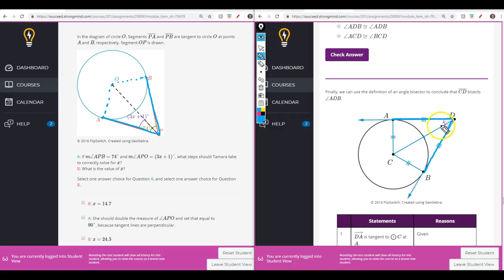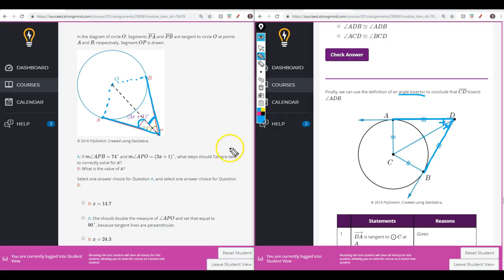What is key is notice that this angle right here is marked with one tick mark, and this angle is marked with one tick mark, and that line CD was an angle bisector for the larger angle ADB. So that means that this line cut that big angle in half. That's what an angle bisector is. So if we look at this, we have the same setup. We have the line OP, we have our two tangent lines, and we have our angles right here.